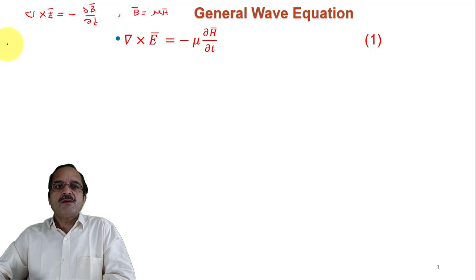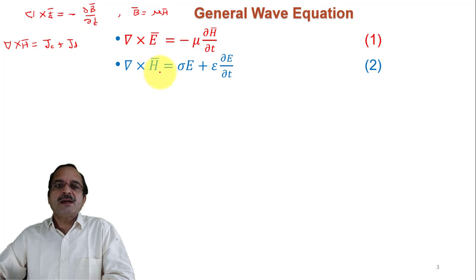One more equation we have seen earlier is curl of H, which we defined in the form of current density. The right hand side is the current density, and there are two current densities: the conduction current density Jc and the displacement current density Jd.